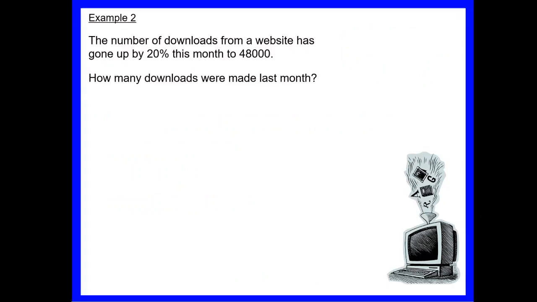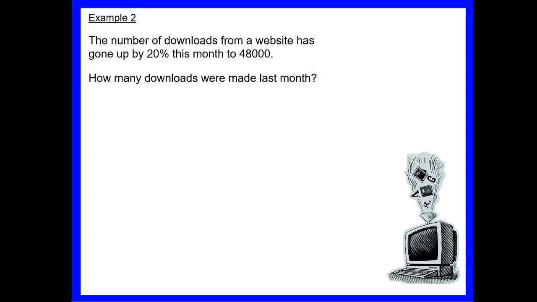Let's have a look at one more example then, just to make sure we're happy. The number of downloads from a website has gone up by 20% this month to 48,000. How many downloads were there last month? So again, we're going to start off with how we would normally do it. If I want to increase by 20%, that's adding 100 to 20% which gives me 120%.